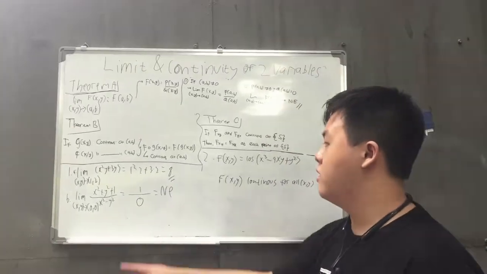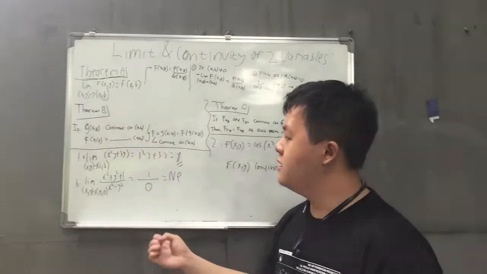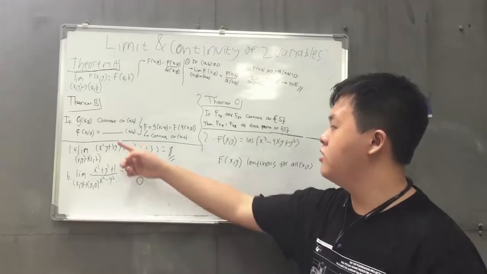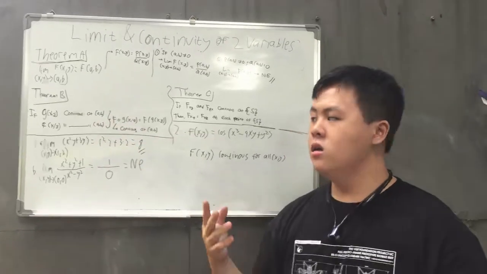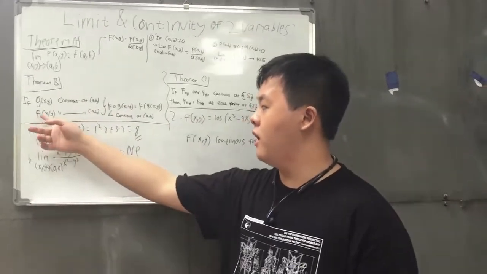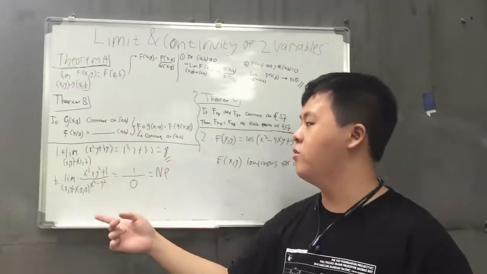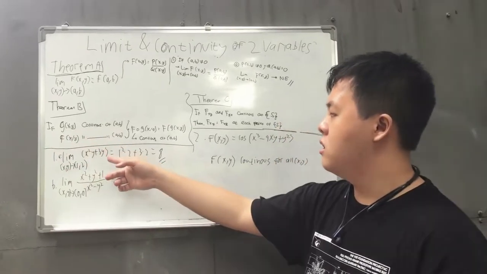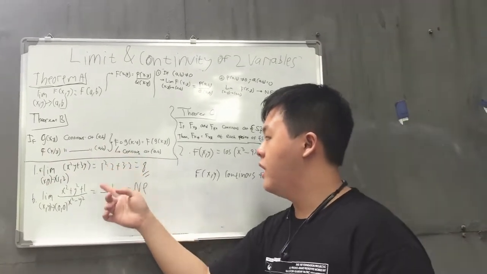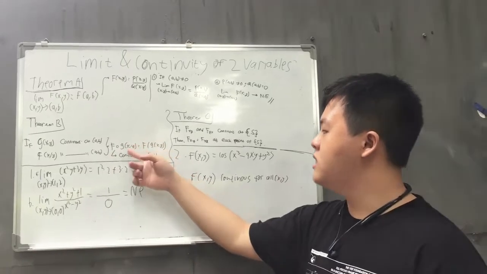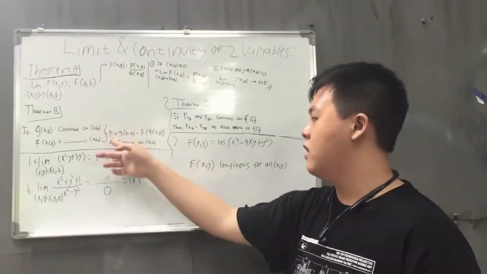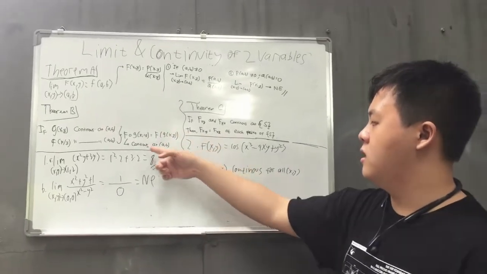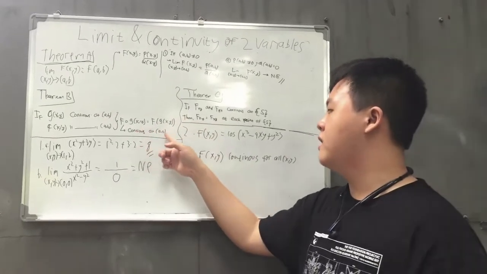So the second theorem is about if a function g with 2 variables is continuous at (a, b), and a function f with 1 variable is continuous at g(a, b), then the composition of these two functions, f∘g(x, y) equals f(g(x, y)), will be continuous at (a, b).